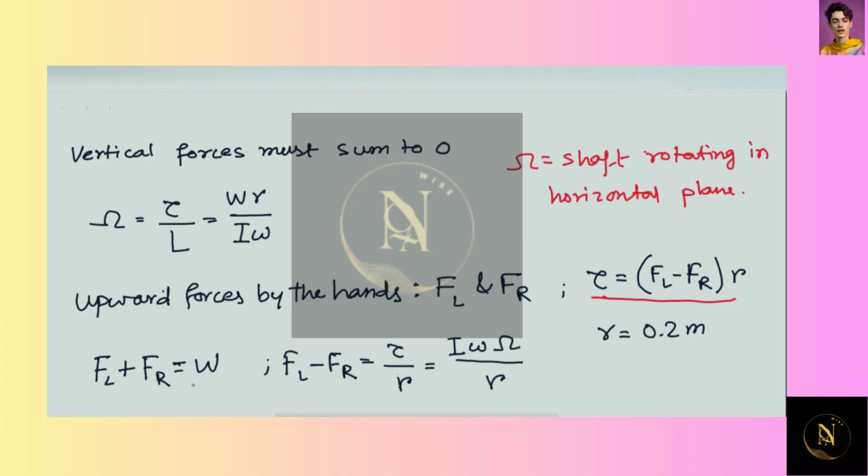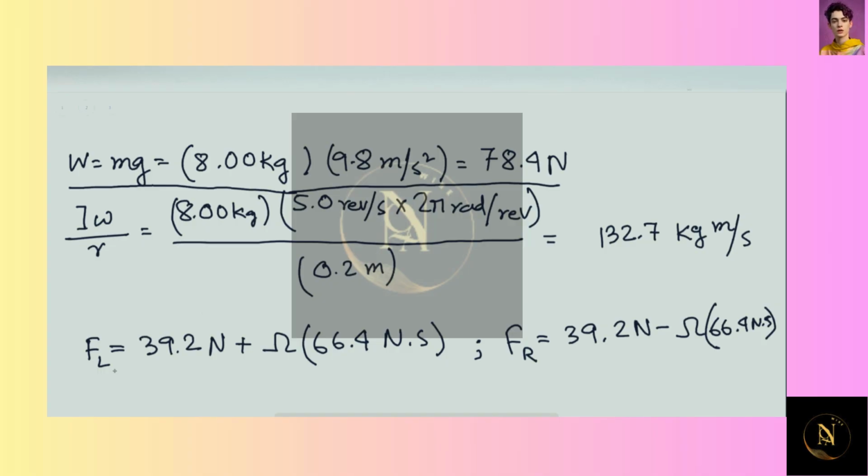All we have to do is add these two equations to get FL and subtract these two equations to get FR. So if we do so, we see that FL is this expression right here, with the big omega term. Also we have FR with the big omega term.